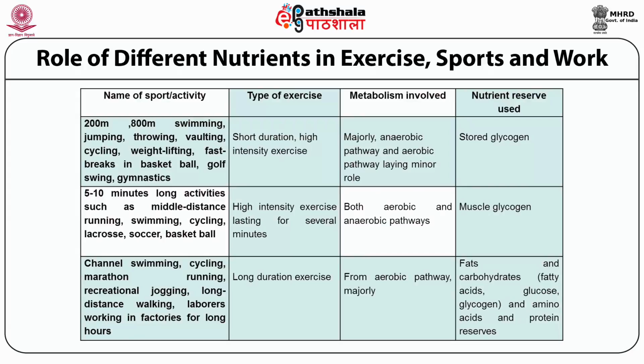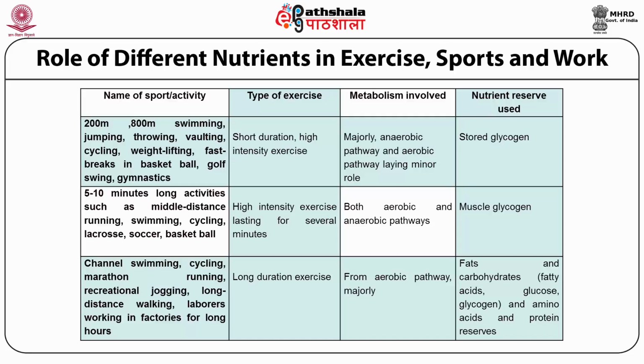For a better understanding, the following table has been constructed, mentioning the different metabolic pathways involved in the different sports activities. Here we can see the different activities with the different types of exercises, the type of metabolism involved and the nutrient reserves used.